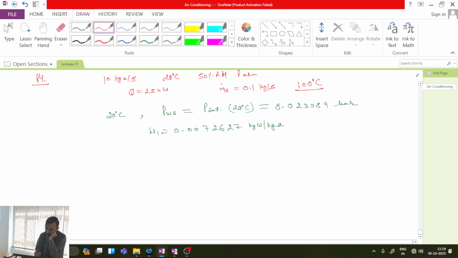How much is the value? 0.00726. Okay, correct. What will be the enthalpy? Please tell me now, you must tell me. How much is the enthalpy? Tell me the value.